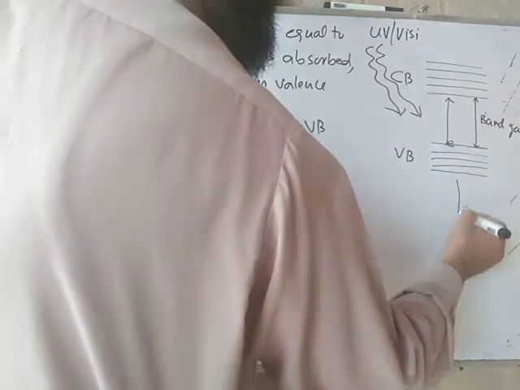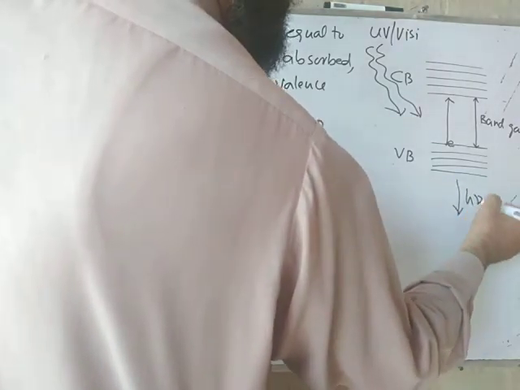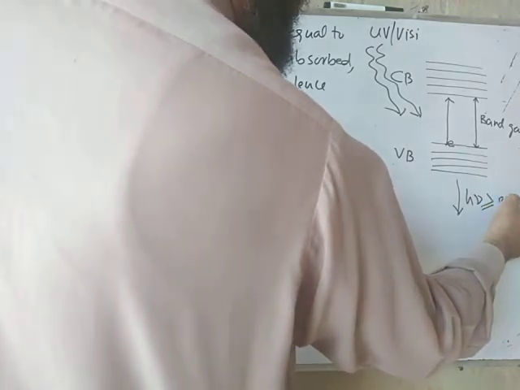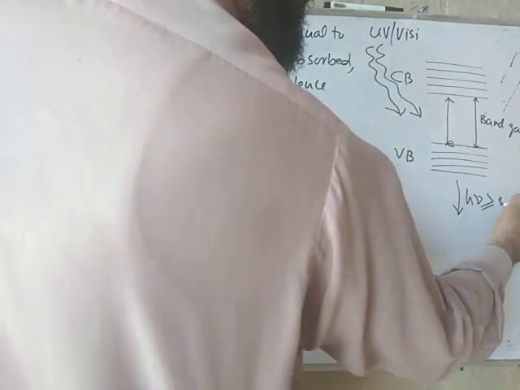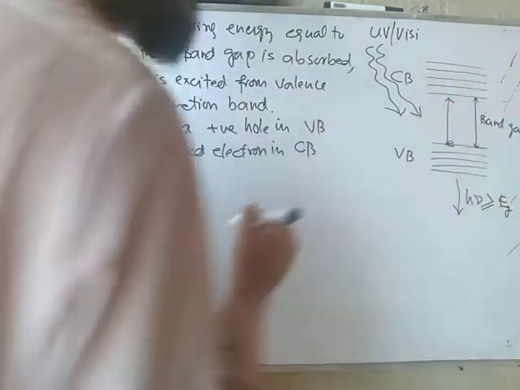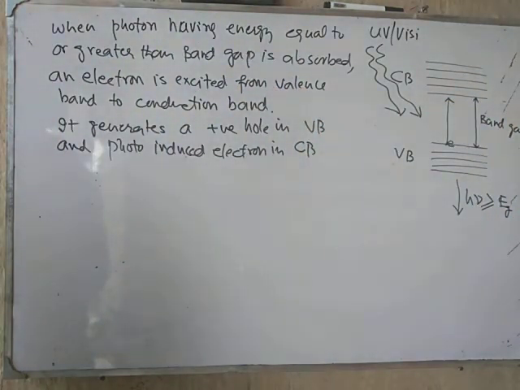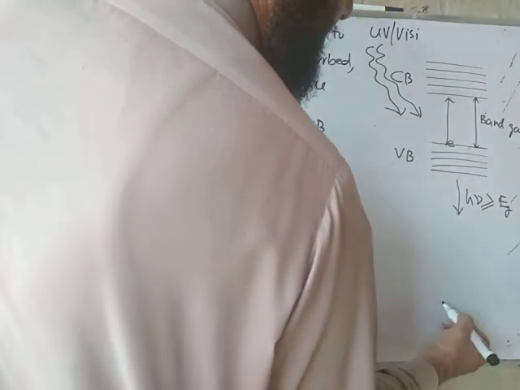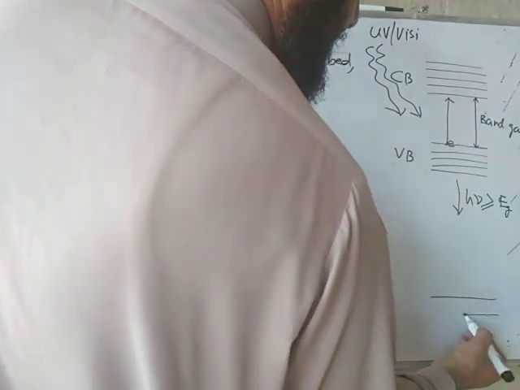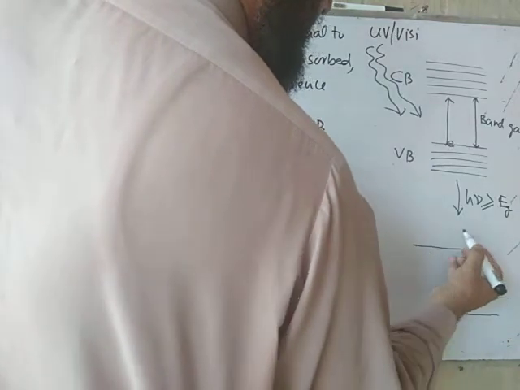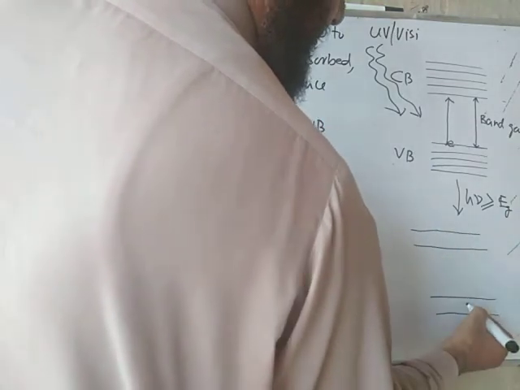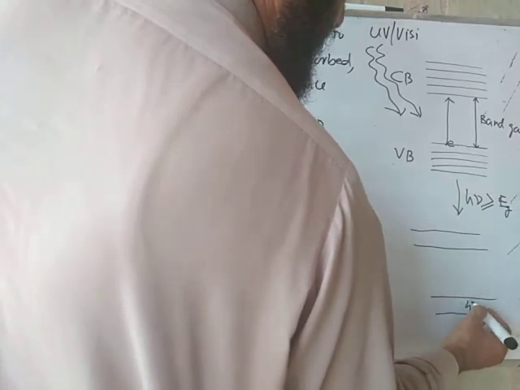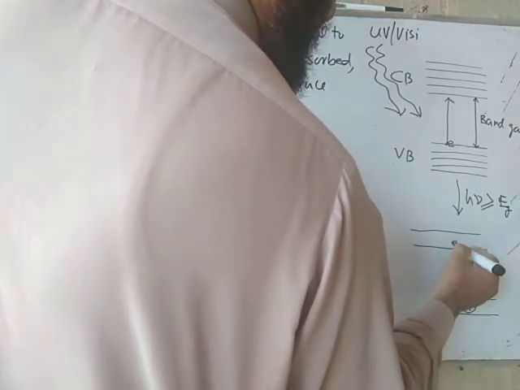And when this is irradiated, h nu having energy greater than or equal to band gap Eg, तो क्या होगा? Electron is excited. तो यहाँ से इलेक्ट्रॉन निकल जाएगा, तो इधर a positive hole is created और यहाँ पर इलेक्ट्रॉन आ जाएंगे.